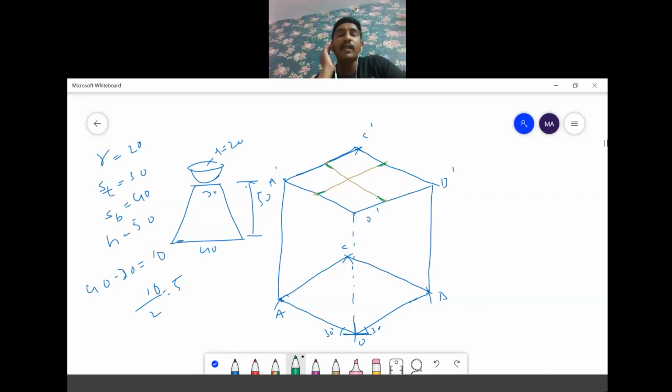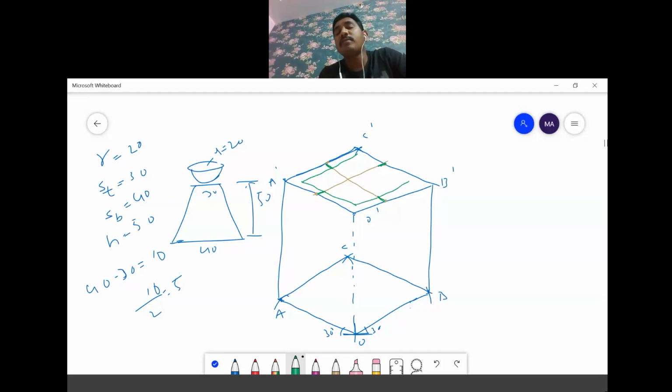I draw a line parallel to A dash C dash from this 5 mm mark, a line parallel to A dash O dash reducing 5 mm, a line parallel to O dash B dash reducing 5 mm, and a line parallel to C dash B dash reducing 5 mm. It will form a square.